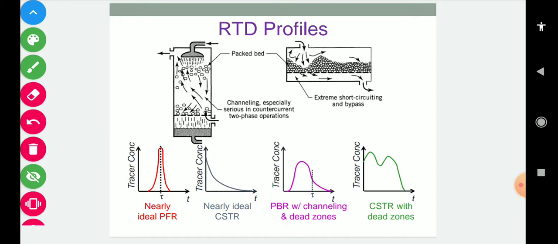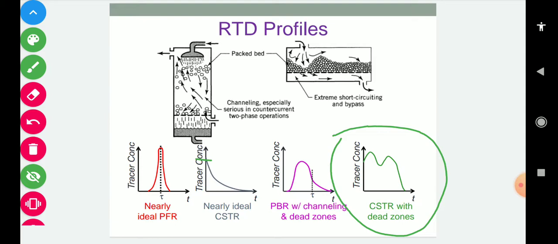On the other hand, for a real CSTR, we get this type of graph, because in an ideal CSTR, we have infinite mixing. So whenever we inject tracer, it immediately mixes into the CSTR, and we get maximum concentration at time t equal to 0, at the time of injection only.